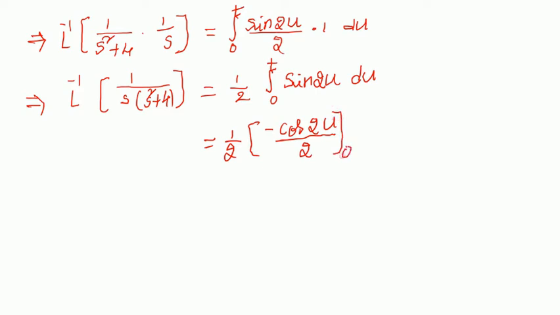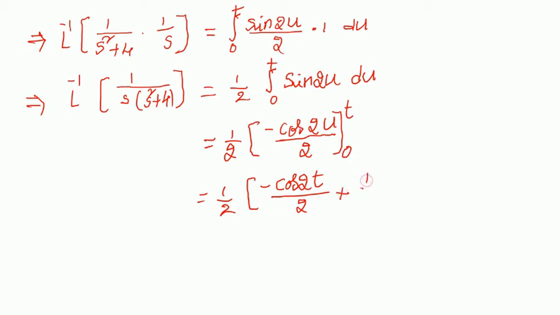the limits are 0 to t, so this equals 1 by 2 into, substitute the upper limit in the place of u, then minus cos 2t by 2, minus, substitute the lower limit in the place of u, cos 0 value is 1, so minus 1, so minus minus is plus.